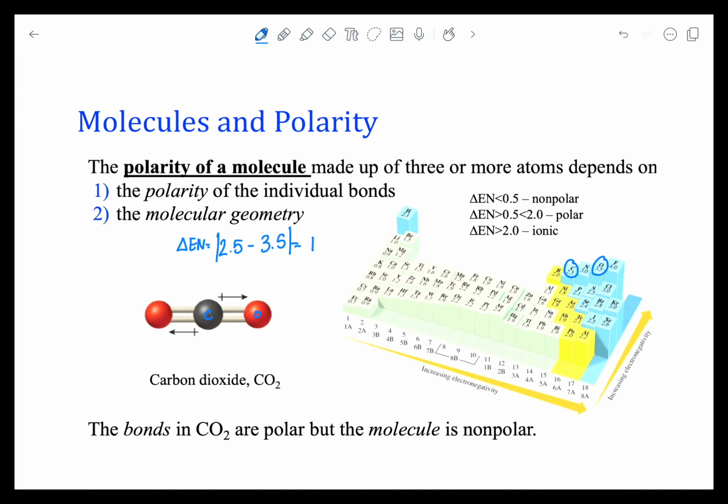Remember, when we're calculating the difference in electronegativity, this is an absolute value calculation. We're just looking for the absolute value difference. Because that difference in electronegativities is 1.0, this falls into the second category of being a polar bond. So the bonds, for both carbon and oxygen double bonds here, are both polar.